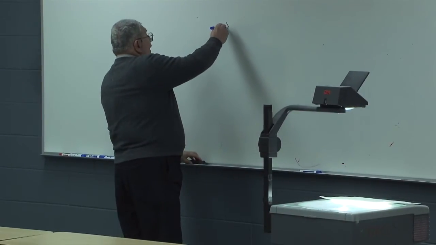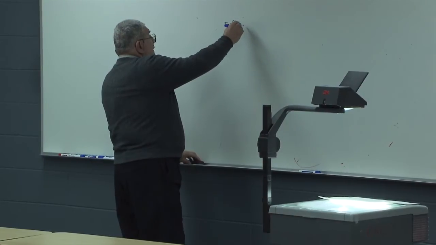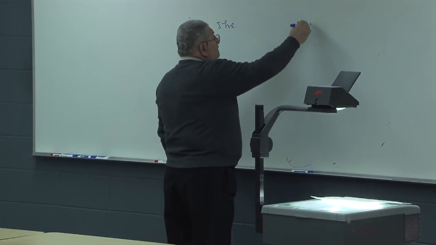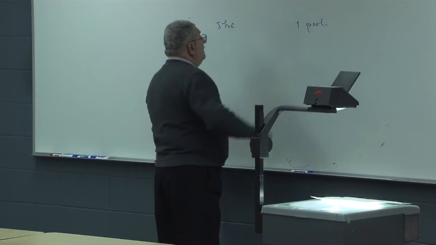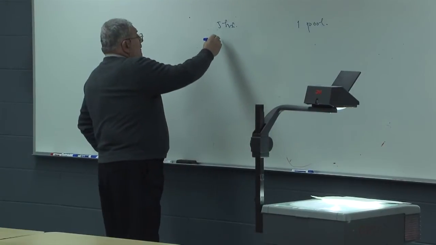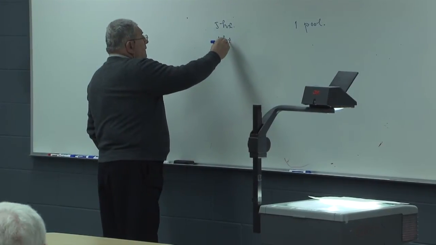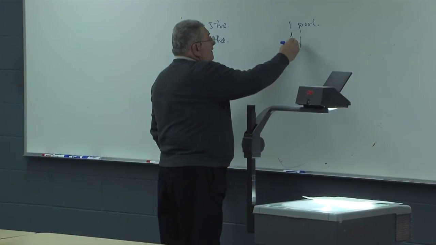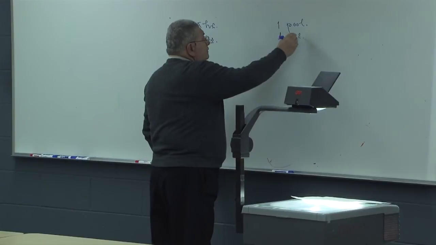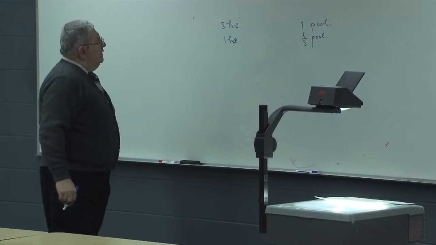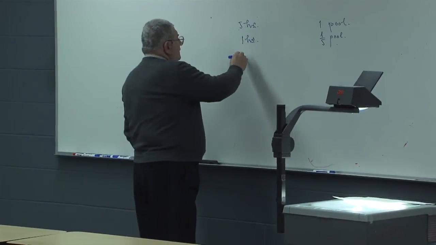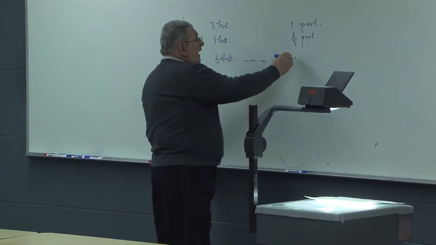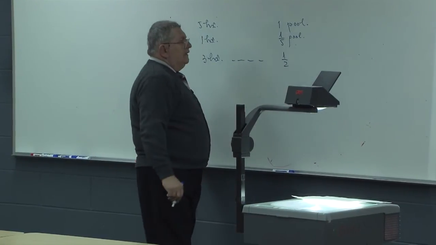It takes 5 hours to fill the pool. So, in 1 hour, the inlet valve fills 1/5 of the pool. It takes 3 hours to empty half of the pool.